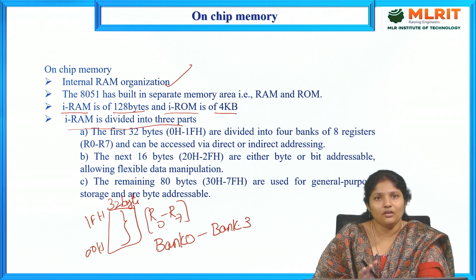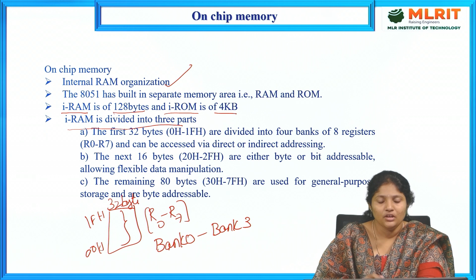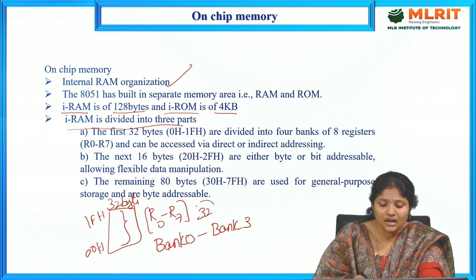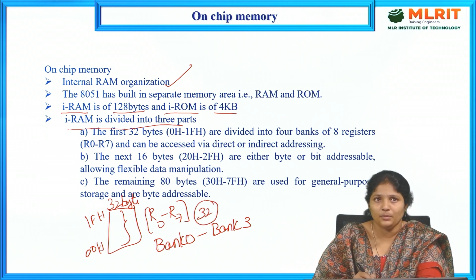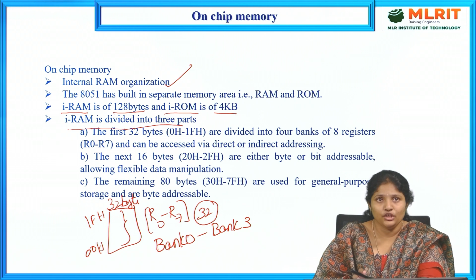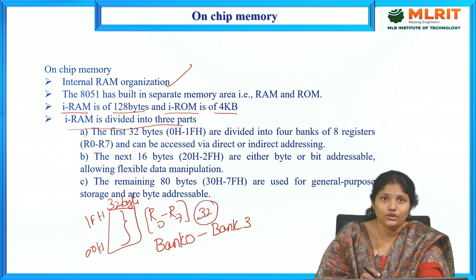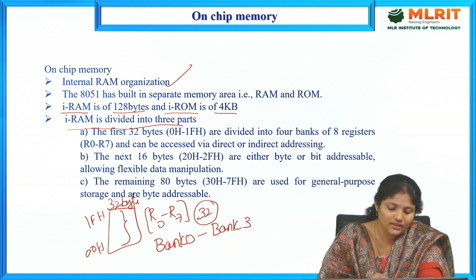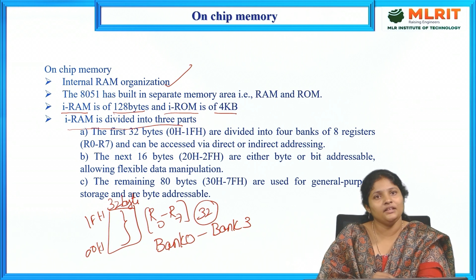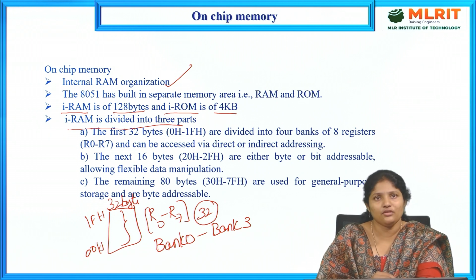These 4 banks consist of R0 to R7 registers, so a total of 32 registers from bank 0 to bank 3 will be stored in 32 bytes of internal RAM. The first 32 bytes of internal RAM are used to store the register values of bank 0 to bank 3.